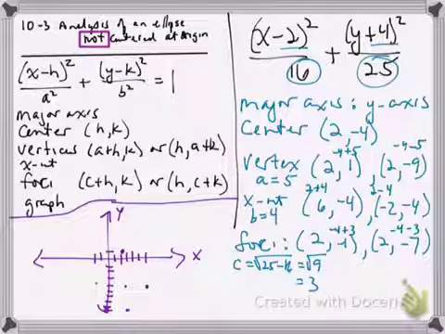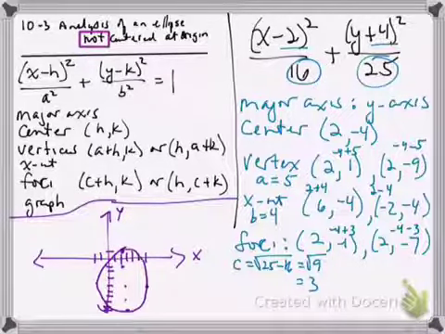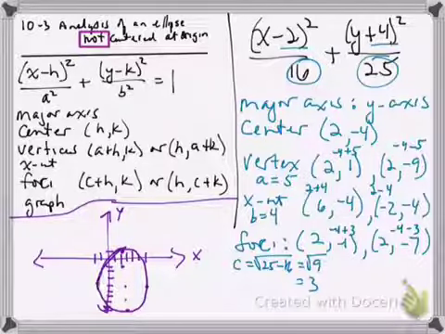And then the foci will be at (2, -1) and (2, -7). And then I'm going to draw that in. Not super well, but if I keep going around, it works out okay.